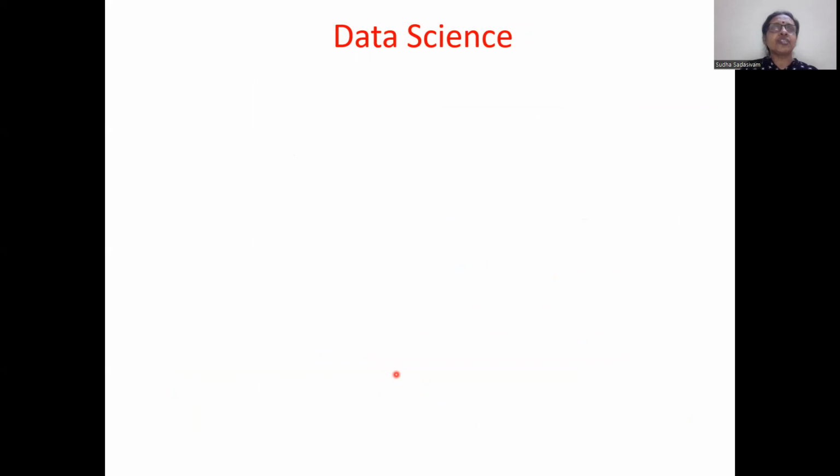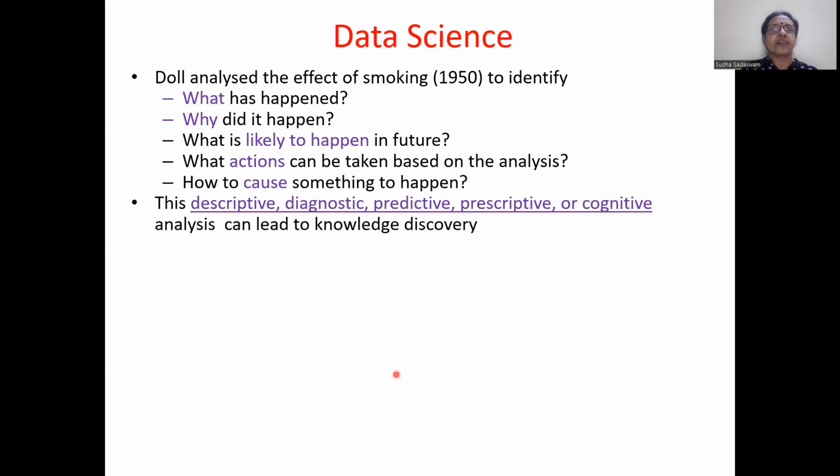Now we will move on to see what is meant by data science and what are all the fields connected with data science. Data science is not something new. Back in 1950 itself, Dahl tried to analyze the smoking pattern by gathering data from a particular city, for example, London.